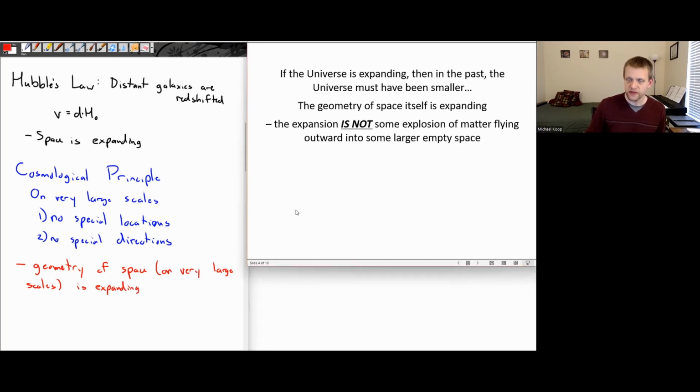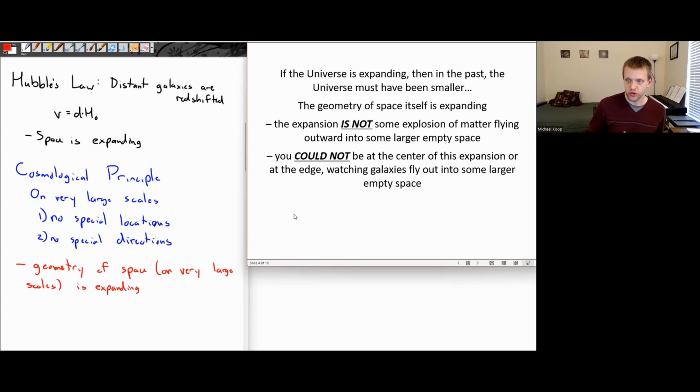And again, with space itself expanding, it's not an explosion of some material into some larger empty space, because that would violate the cosmological principle. There would be some locations inside of that explosion, some locations outside of that explosion. Those would be special locations. So you could not be at the center of this expansion. You could not be at the edge of this.